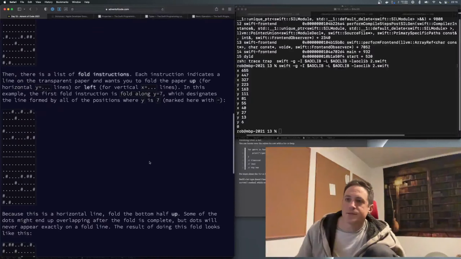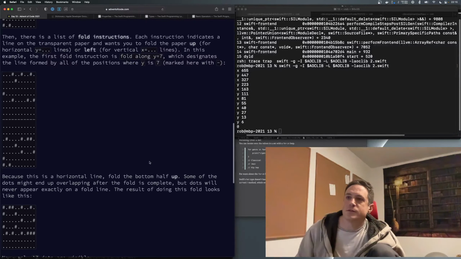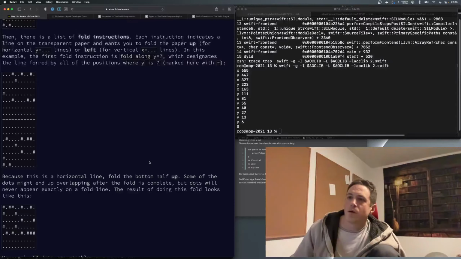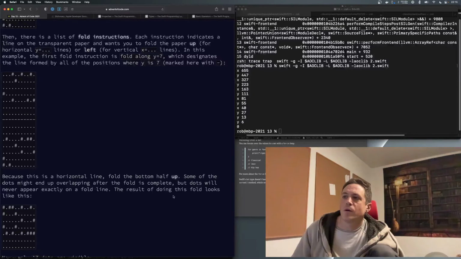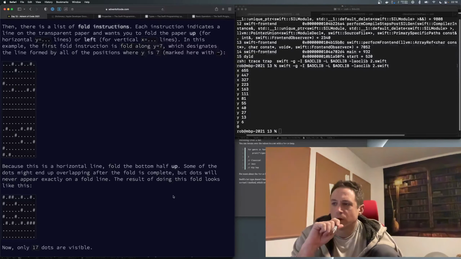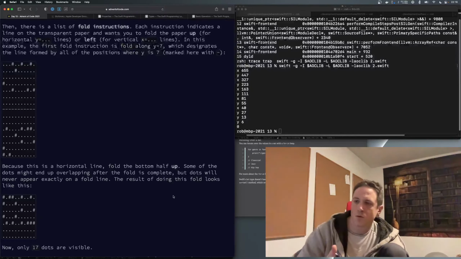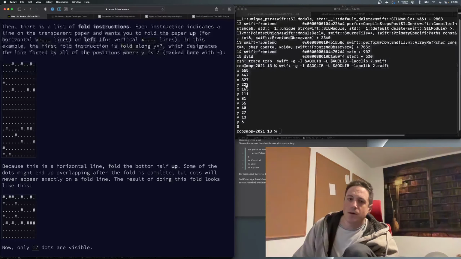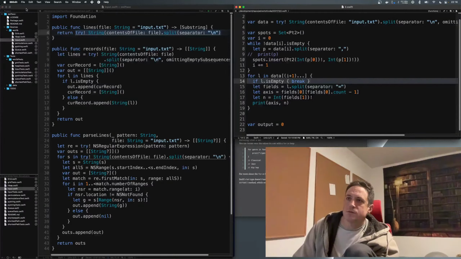So we got this. So fold instructions. A line. I want you to fold the paper up or left. Y equals 7. So, and then we say, you know what, this is stupid.